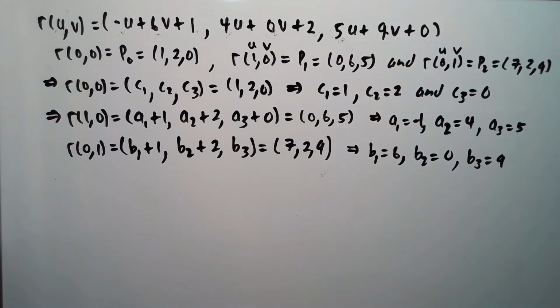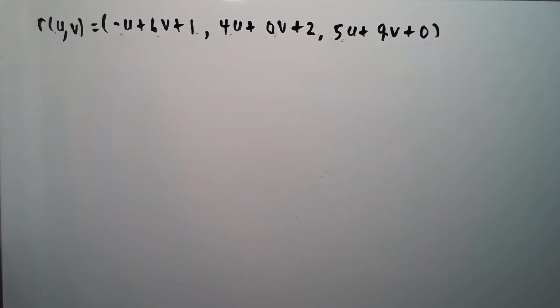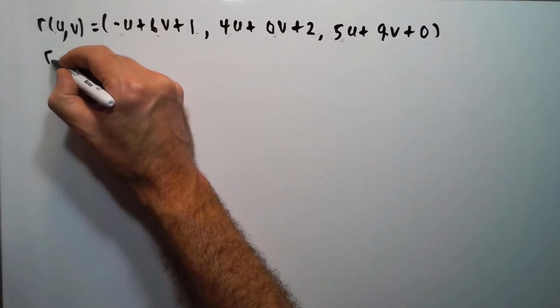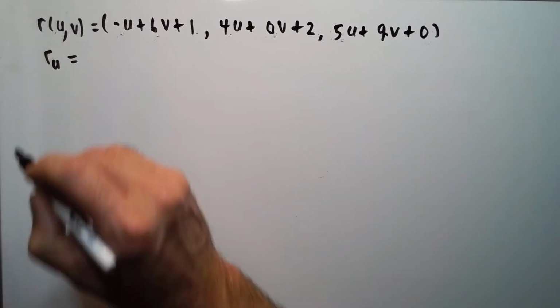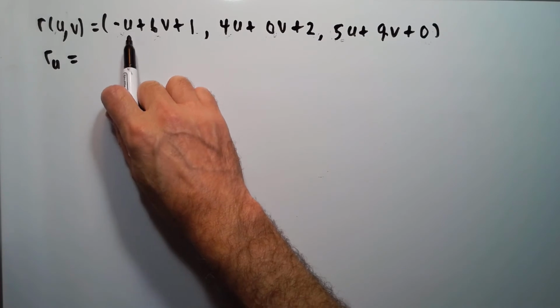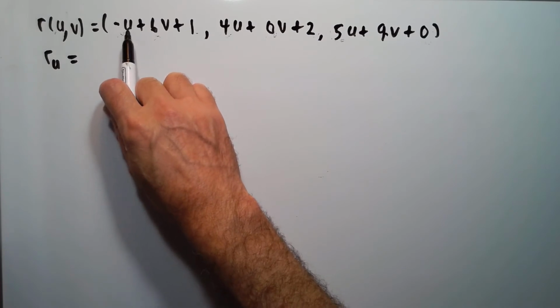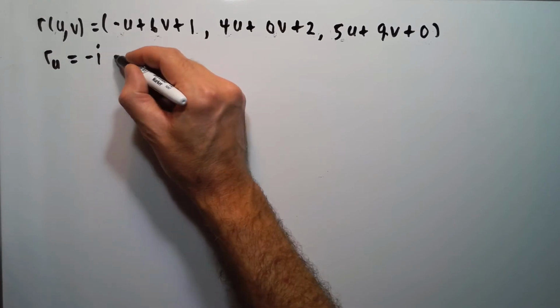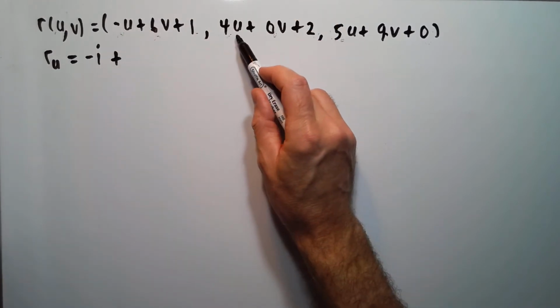Okay, let's keep going. I'm going to erase this right here now. Now I'm going to find the partial derivative with respect to u of my r function. The derivative with respect to u for the first component would be -1, so it would be -1i.